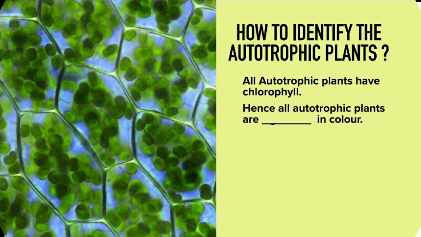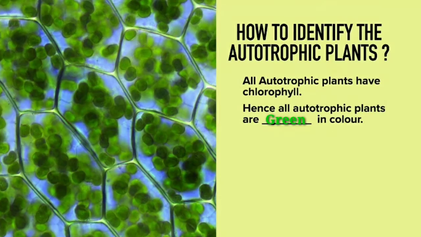Now, children, how to identify the autotrophic plants? Yes, all autotrophic plants have chlorophyll. Hence, all the autotrophic plants are dash in color. What would be the answer? Yes, green in color.